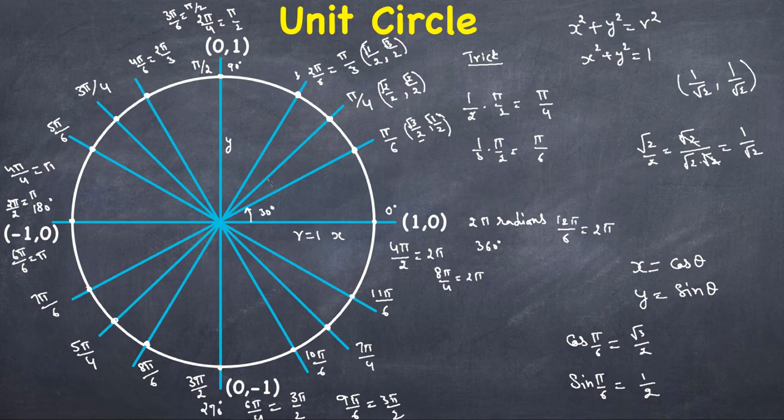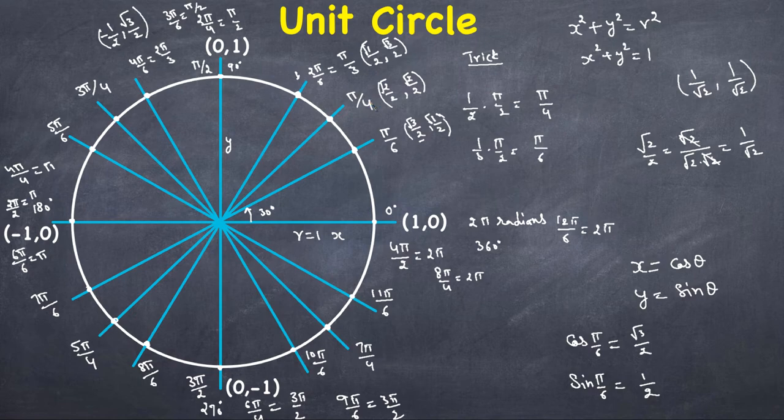Now when you move from quadrant 1 to quadrant 2, the values stay the same; the only thing that changes is that the x values are going to be negative on this side. So instead of positive 1 over 2, this point is going to be negative 1 over 2 and positive root 3 over 2.